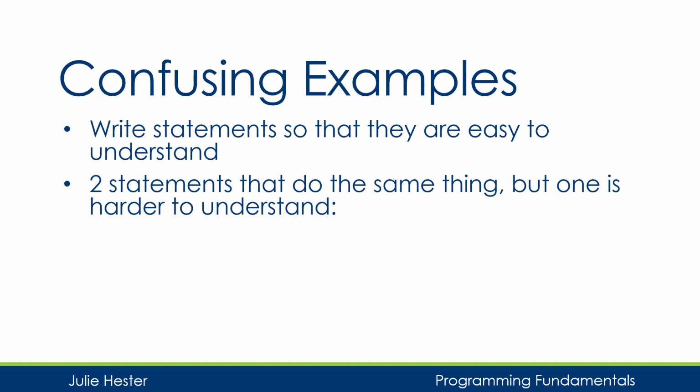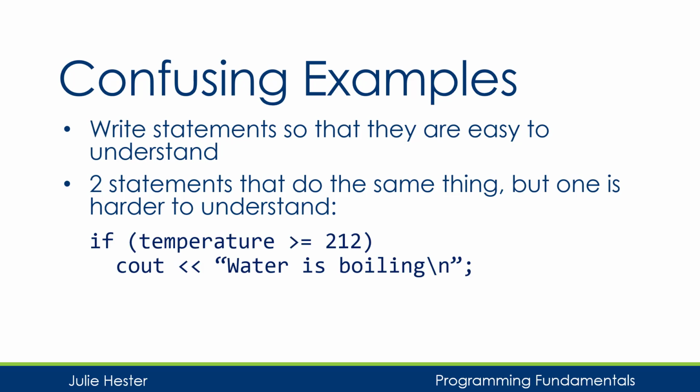Here are 2 statements that do the same thing, but one is harder to understand. I want to compare the Fahrenheit temperature of water to 212 degrees to determine if it's boiling. Well, a simple way to write this is, if temperature greater than or equal to 212, water is boiling. Here's another way I can write the same statement.